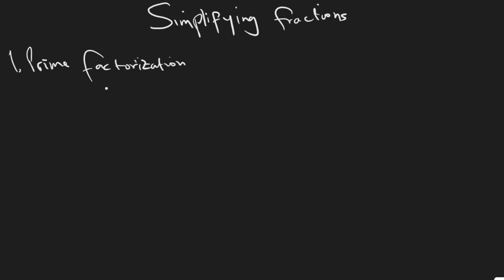And what is factorization? This term in itself, factorization, is when you are writing a number or an expression using different factors. To write an expression or a number as a product of two or more numbers.